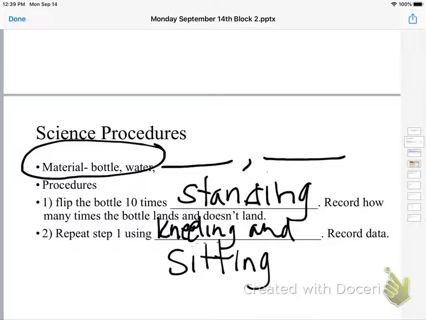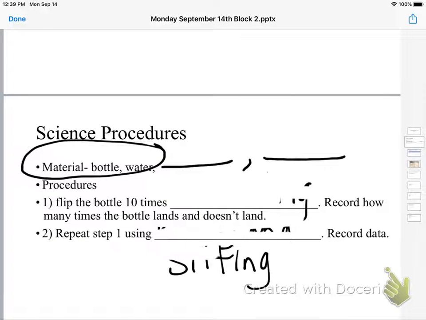So that might be what you had. This fill in the blank is based on what you used for your independent variable. So you want to go ahead and pause the video and get your materials and your procedures written down in your science notebook.